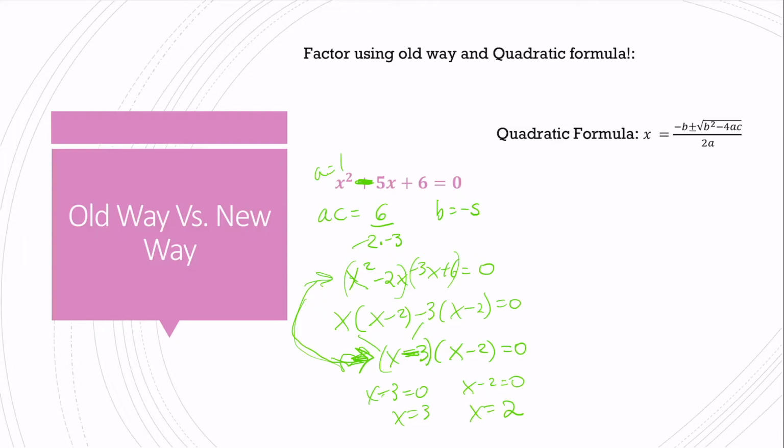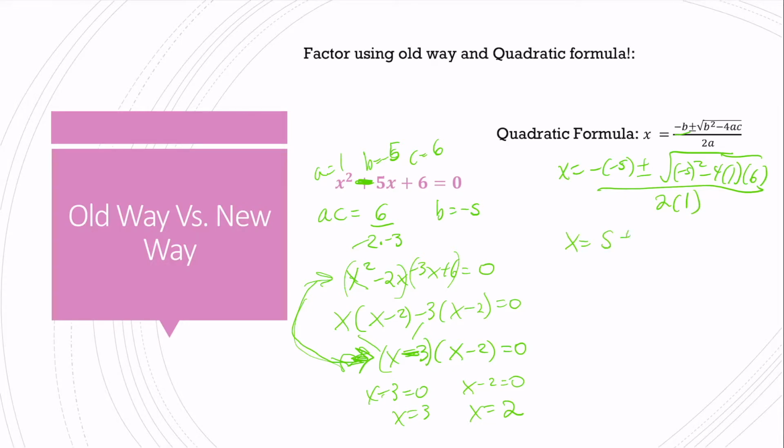Now let's use the quadratic formula. So I always want to start by labeling our A, B, C's. So x equals negative b plus or minus the square root of b squared minus 4ac all over 2a.